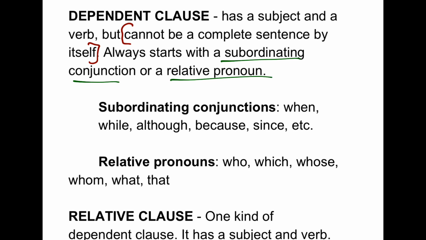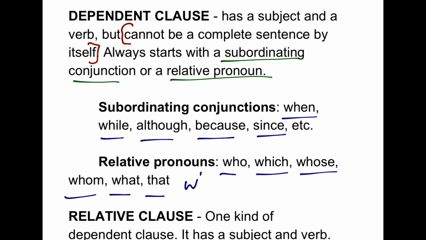Examples of subordinating conjunctions: when, while, although, because, since, and there are many more. Relative pronouns include who, which, whose, whom, what, that. Sometimes we will see where, and there's not too many more. That's pretty much the exhaustive list, or at least the ones that are most commonly used.